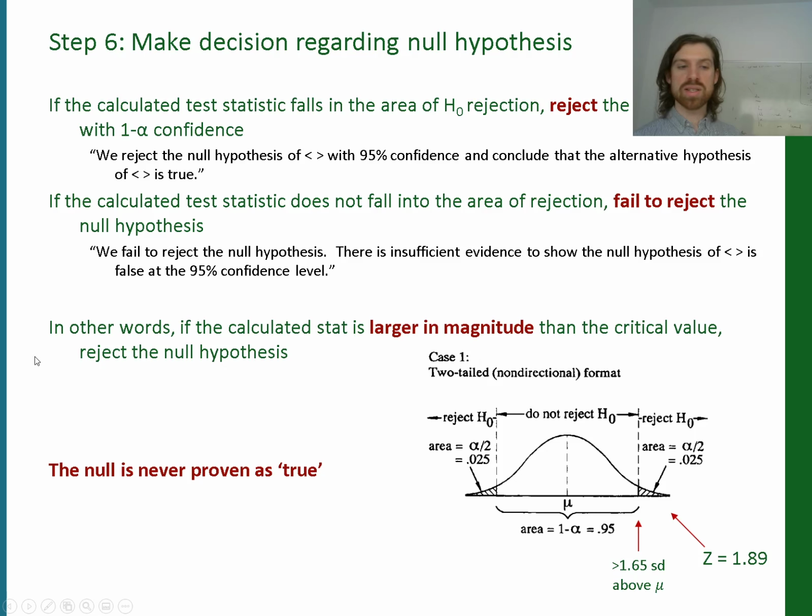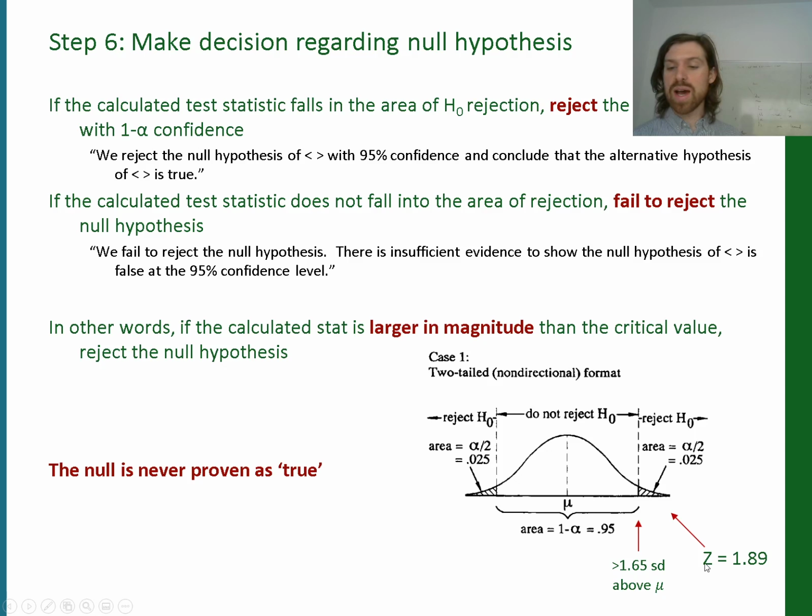Okay, so essentially this statement here about the calculated statistic being larger in magnitude than the critical value, let's just go back to case 1 that we covered already. We've specified our rejection intervals. Imagine that for the 95% confidence level, so an alpha value of 0.05, we would need the test statistic to be above 1.65 standard deviations above the mean, or below the mean, depending on which way the effect goes.